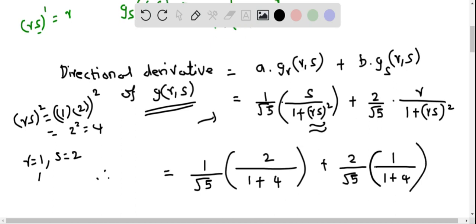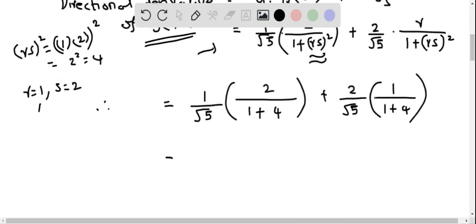We can simplify this and evaluate. So we get 1 over root 5 times 2 over 5, plus 2 over root 5 times 1 over 5.